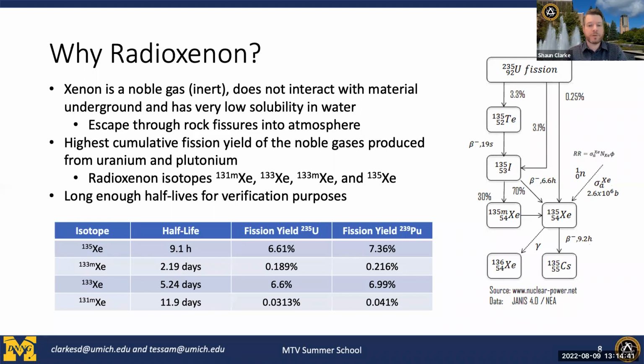Okay, whether it was from a nuclear reactor, a nuclear explosion, and so forth. So it's important in radioxenon monitoring that whatever system you're using be sensitive to all 4 of these isotopes of radioxenon. Slide, please.